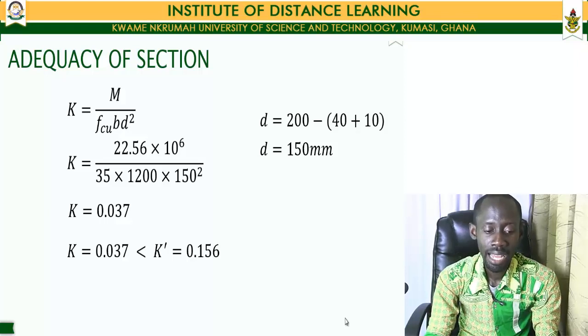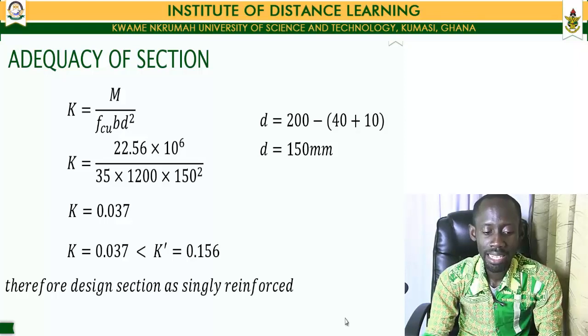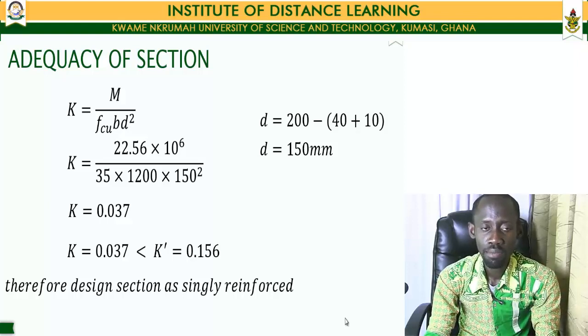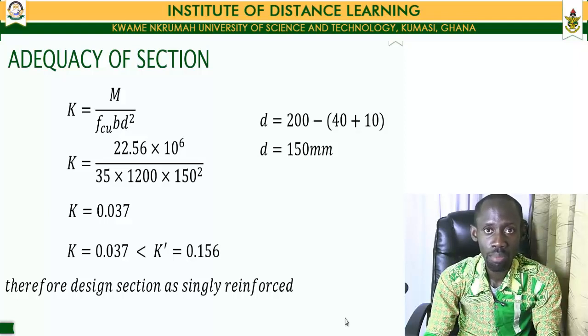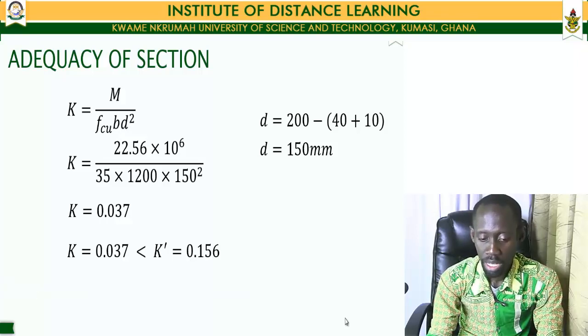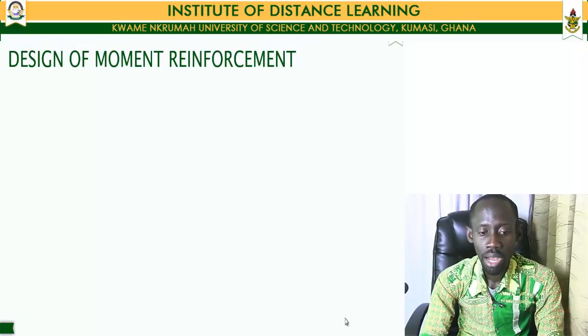Having identified that our K is less than our K prime value, it means that we can design our section as a singly reinforced section. Meaning that for our pad foundation, we can design it as a singly reinforced pad foundation. With that one being said, we can now go ahead and do our moment design for reinforcement.